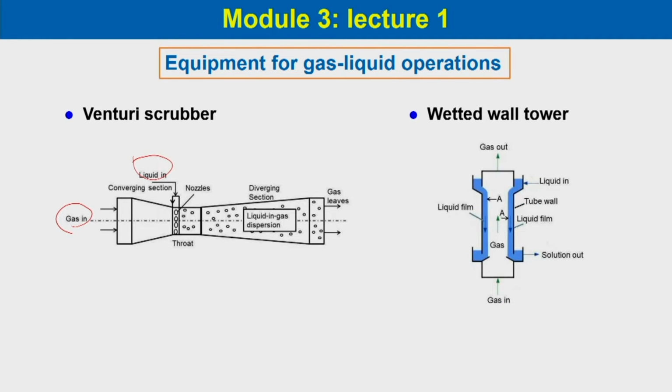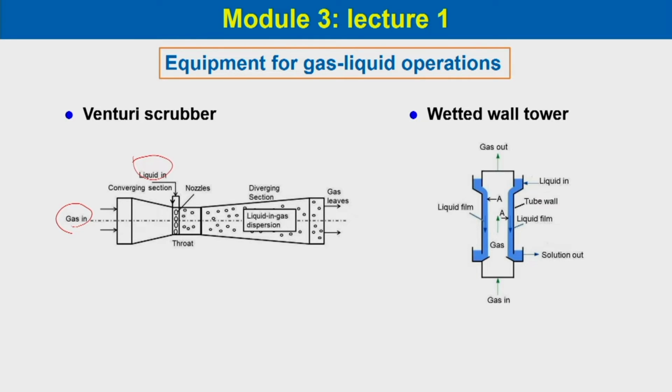Another is the wetted wall tower. You can see there is a gas inlet at the bottom and a gas outlet, and the liquid enters at the top, and the liquid falls as a film inside the hollow column. The gas goes through the middle as a center core.